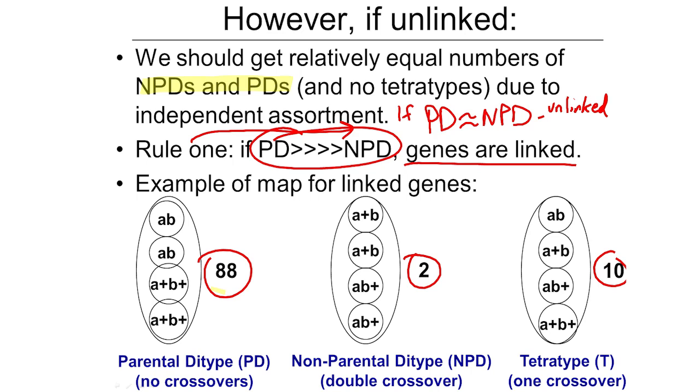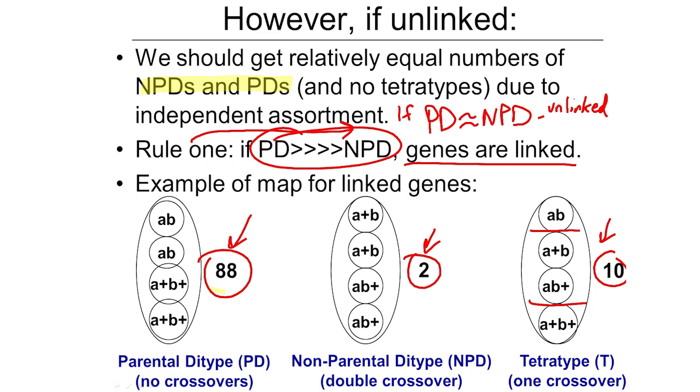So basically, we want to recognize that we're counting 88 PDs in this case, and all the spores in there are parental. We're counting 2 NPDs, and all the spores in them are recombinant. And we're counting 10 tetratypes. Remember, only half of the spores in the tetratype are actually recombinant.